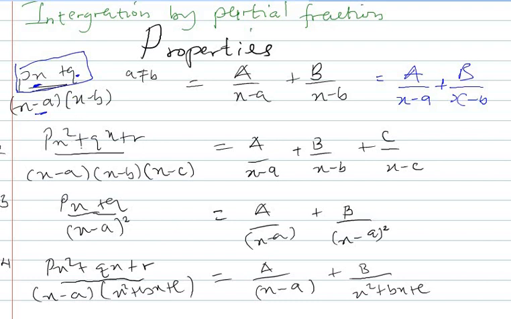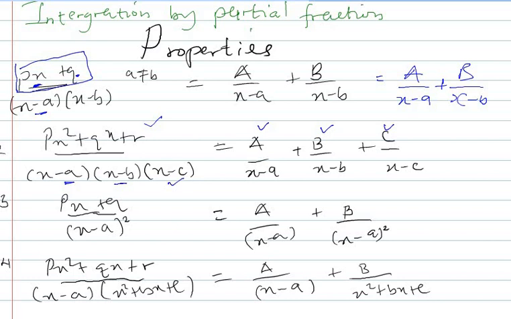Now if you have the quadratic numerator and three linear factors, you can say the first one is A over x minus a, plus B over the second one, x minus b, plus C over the third one, the last one.